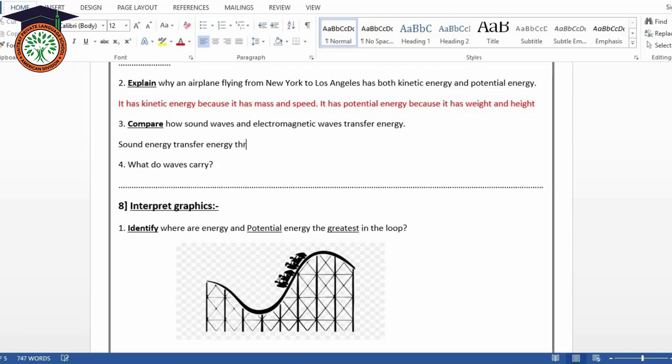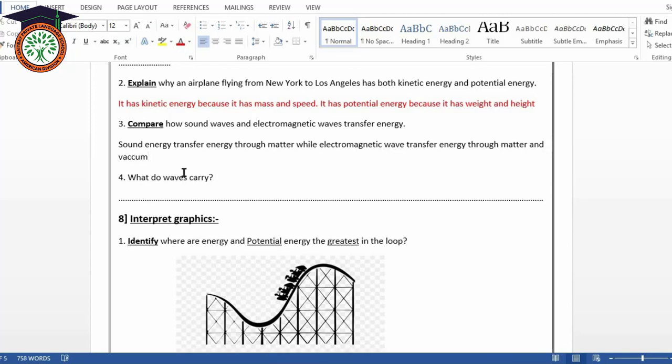So the sound wave is a kind of mechanical wave, so the sound transfers sound energy through matter, while the electromagnetic wave transfers energy through matter and vacuum. Excellent. So this will be the answer for the question.